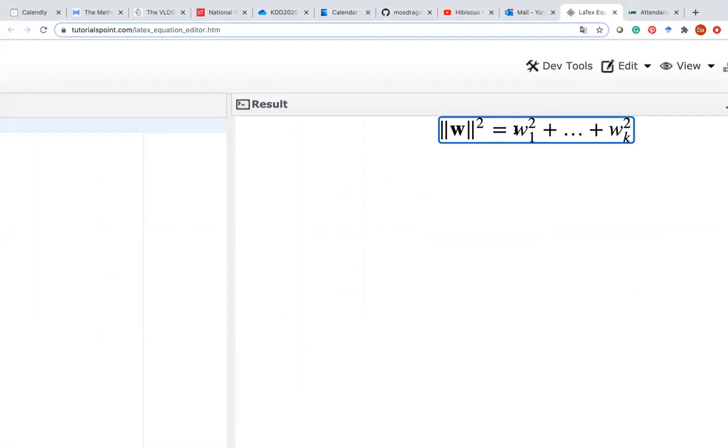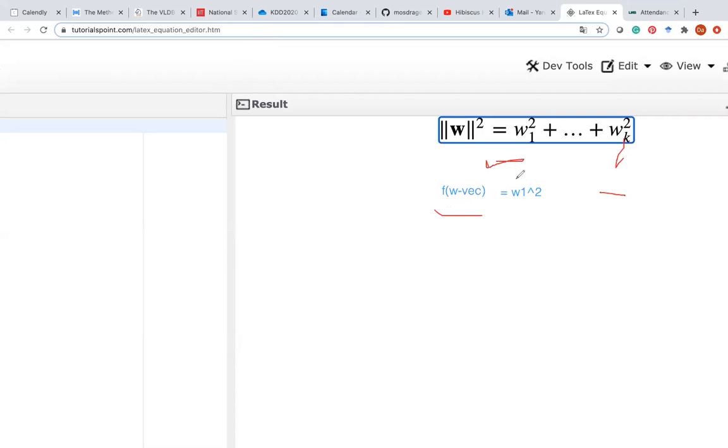If you look at this function f of the W vector, it is equal to W1 squared plus, and this is another function, WK squared.